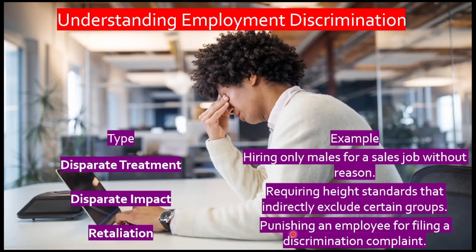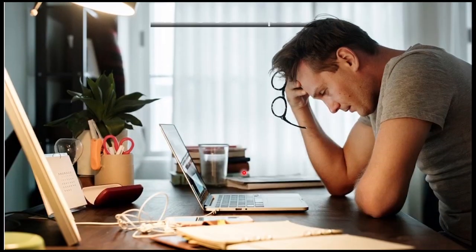Retaliation means punishing an employee for filing a discrimination complaint. I have already discussed this in detail, but to keep the video short, I only discuss the key points here so that you can easily see the complete chapter.